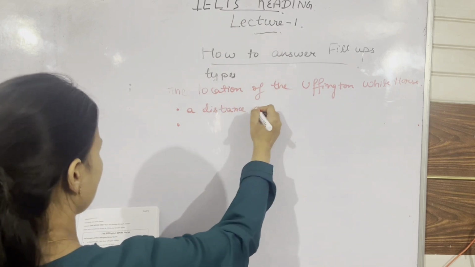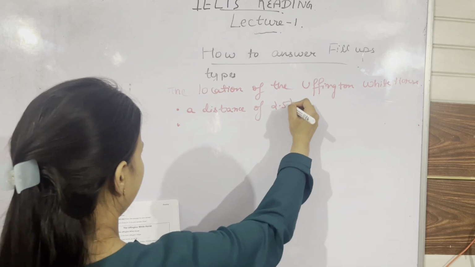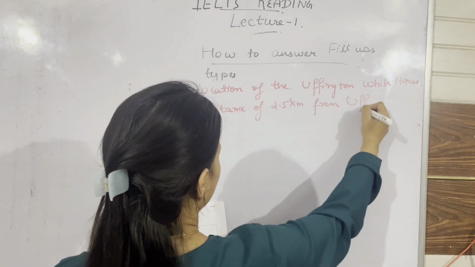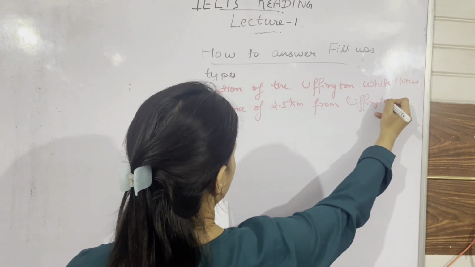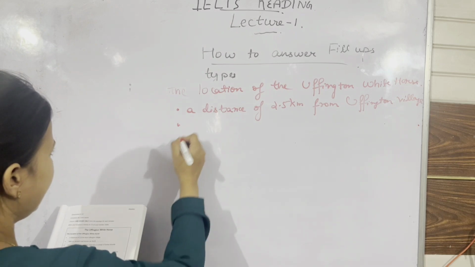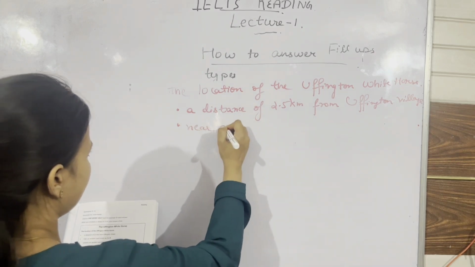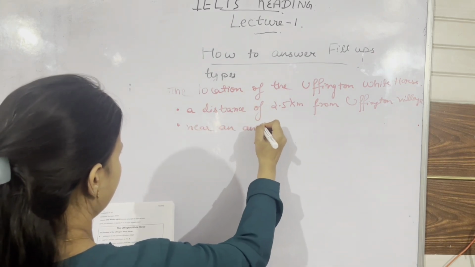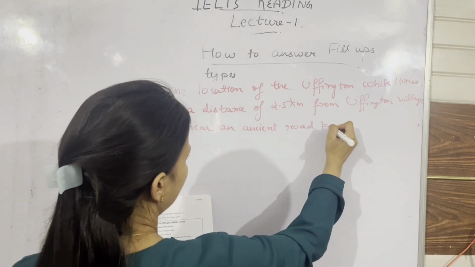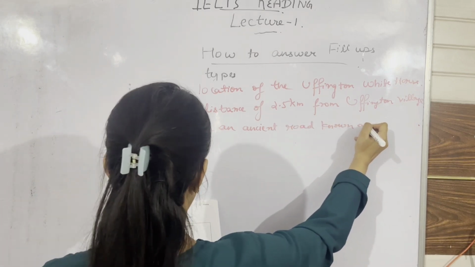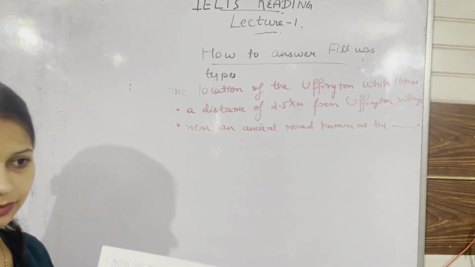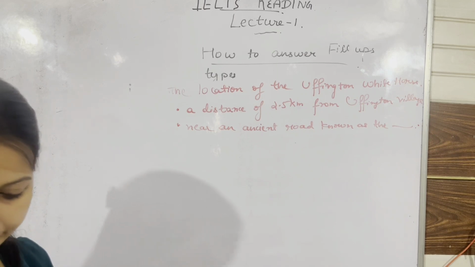A distance of 2.5 kilometers from Uffington village, near an ancient road known as the dash. Is that clear? Page number 41.